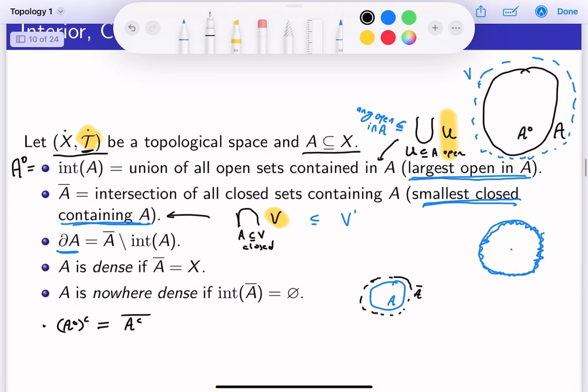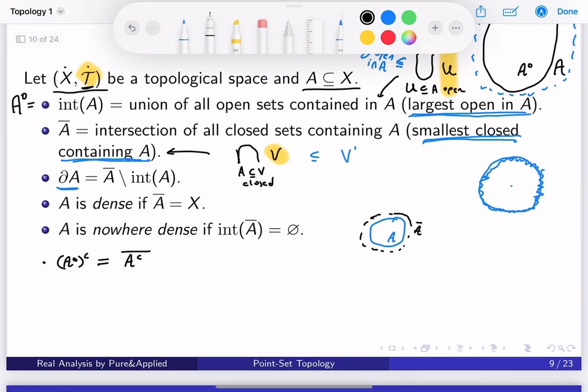All right, two important things I want to note before we continue here and see a proposition, prove it, and end this video. Are these two nice properties.